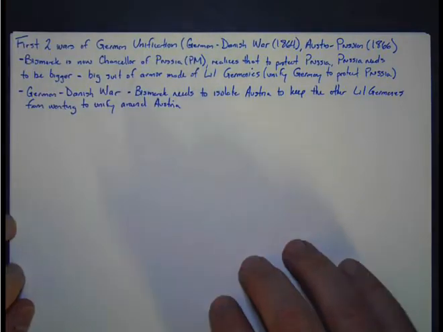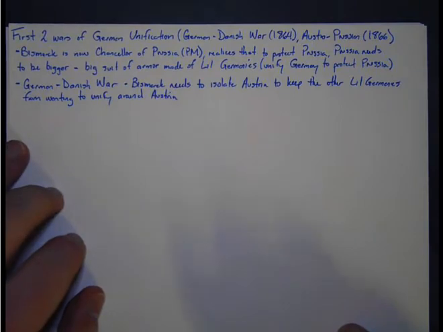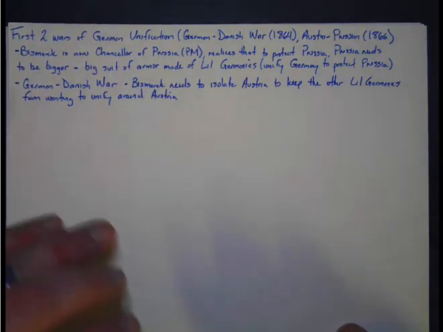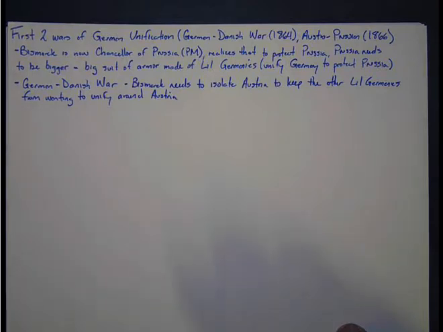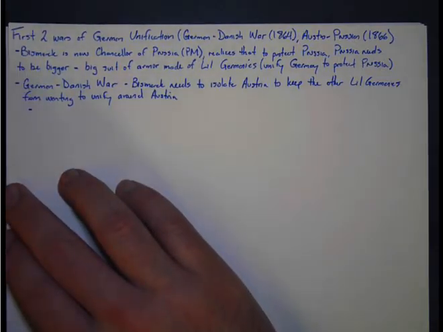So he needs to keep Austria out. Austria cannot be a viable source of aid to the other little Germanys. They need to see Prussia as the only Germany that could protect them. So the German-Danish War starts in Denmark.